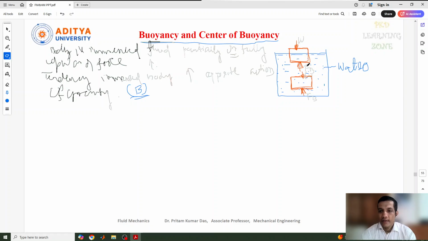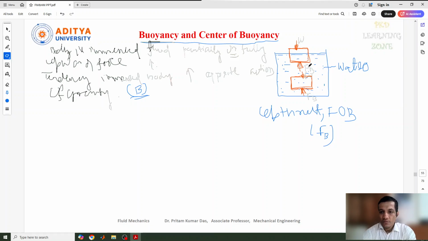That is known as the buoyant force, or the force of buoyancy, or we used to call it an upthrust, which is denoted by FB. So this is about the buoyancy and the force of buoyancy.